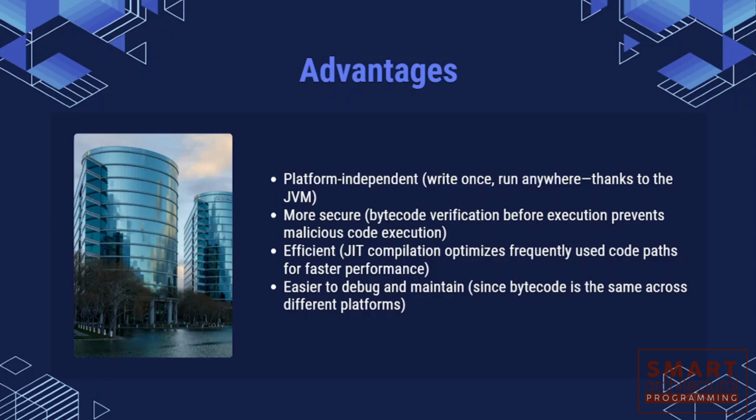JIT compilation optimizes frequently used code paths for faster performance and execution of your code, which makes it a very useful tool for professional developers in big software platforms. It also makes it easier to debug and maintain your code, since bytecode is the same across different platforms and no change is needed. This hybrid approach of compilation followed by interpretation balances performance, security, and cross-platform compatibility, making Java a very powerful and widely used programming language in the world.